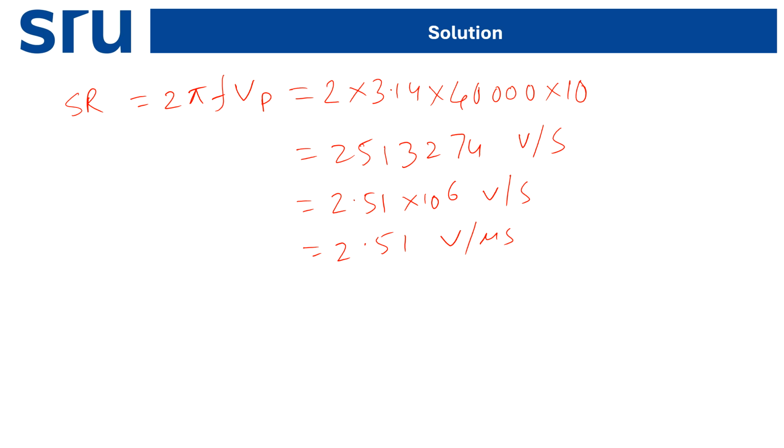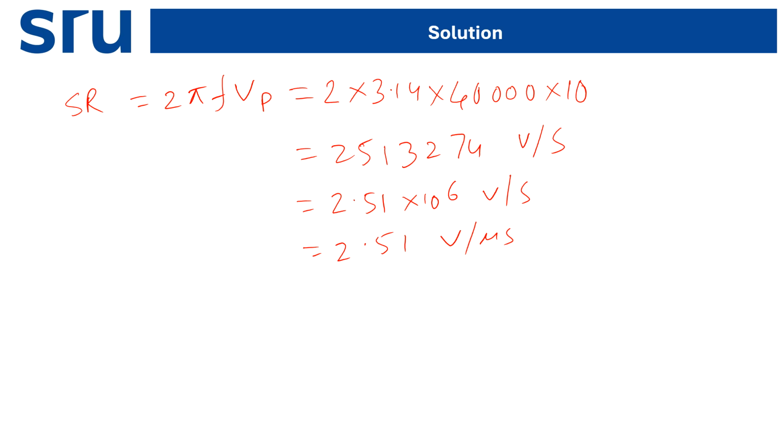Now we can see that since the op amp's slew rate is 2 volt per microsecond, and for that application we require a slew rate of minimum 2.51 volt per microsecond, the available op amp has a lower slew rate than the required 2.51 volt per microsecond. So the signal will be distorted. That is the answer: the signal will be distorted.